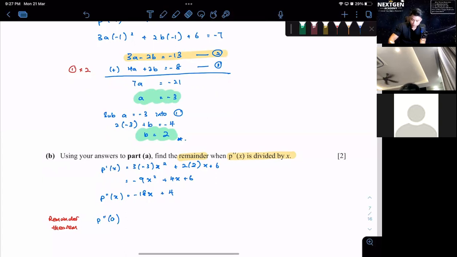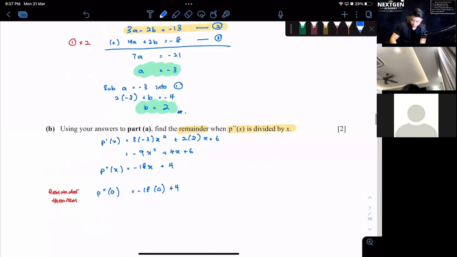So when I put it as 0, I can find what is the remainder, which is equals to 4. Okay, we are halfway there.